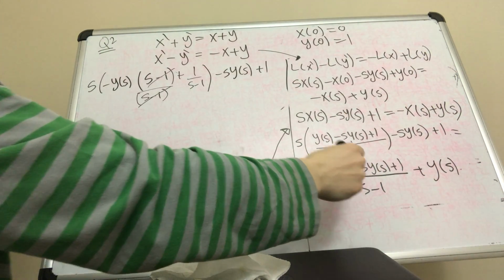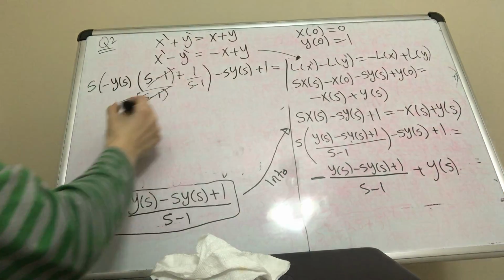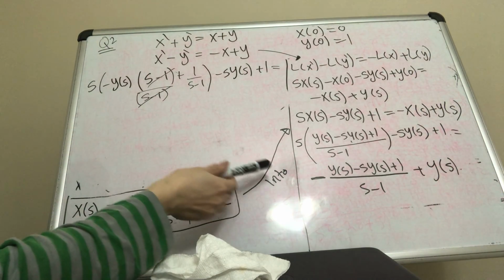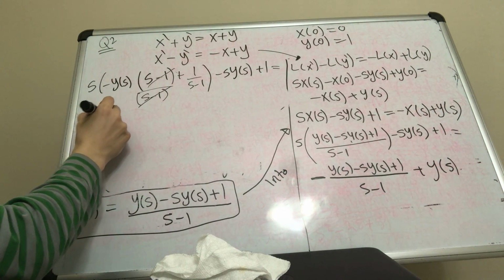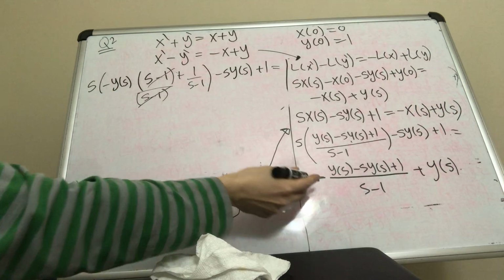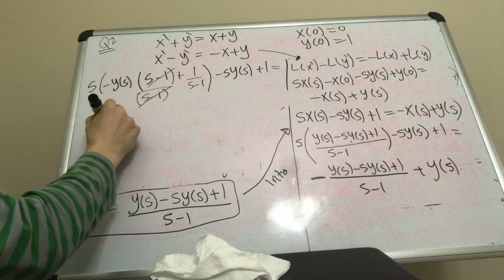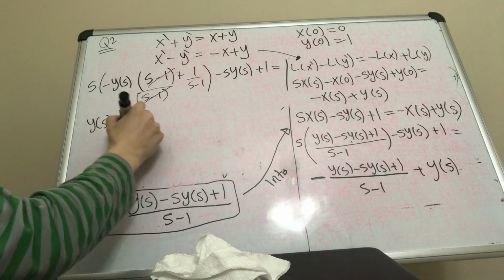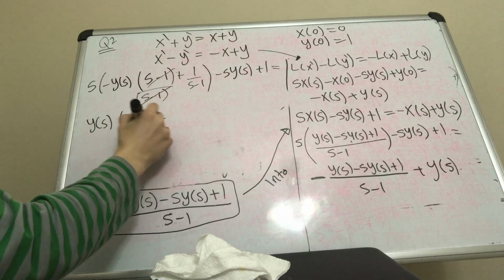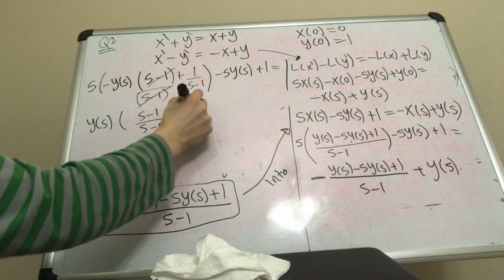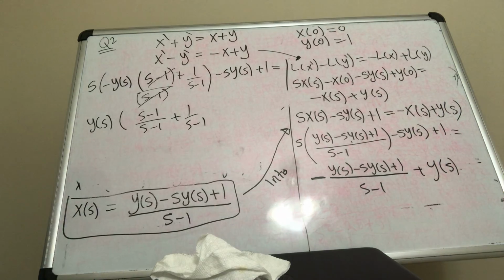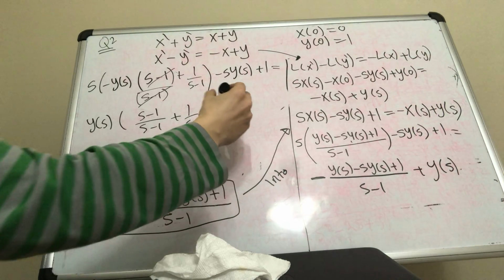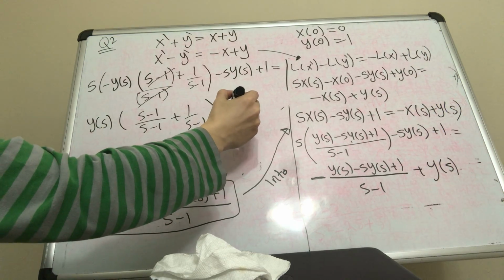Here, again, this can be simplified by taking negative y of s, and a negative turns into positive y of s. And that would be s minus 1, and 1 over s minus 1, plus y of s.